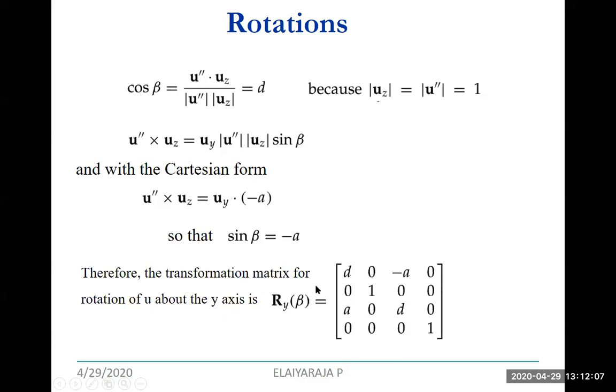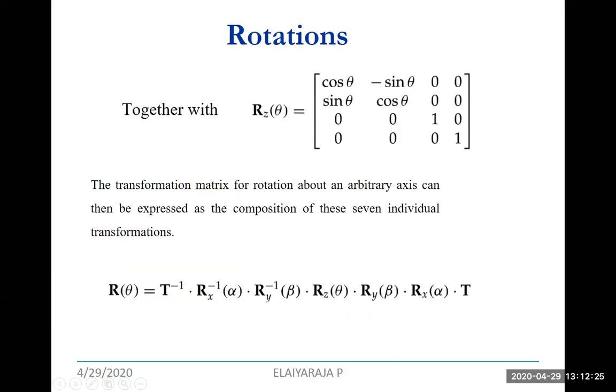So with respect to the transformation matrix for rotation of u about the y axis, you got this matrix value, with cos theta equal to d and sine theta equal to minus a, right? Then we are rotating with respect to the z axis. Your z axis transformation matrix is cos theta, minus sine theta, cos theta, and 0, 0, 0, 1.